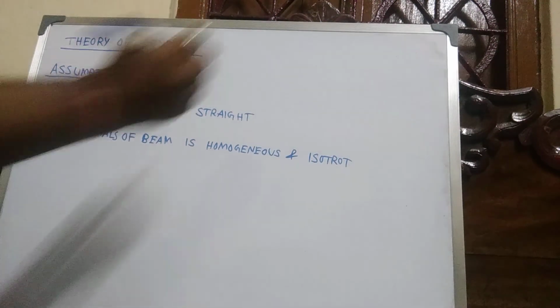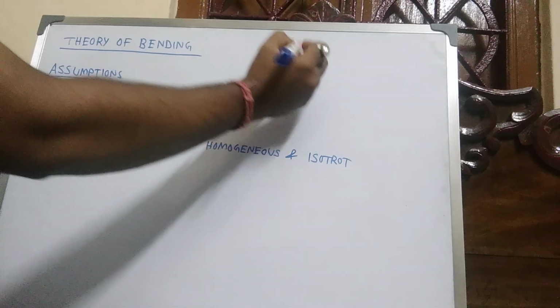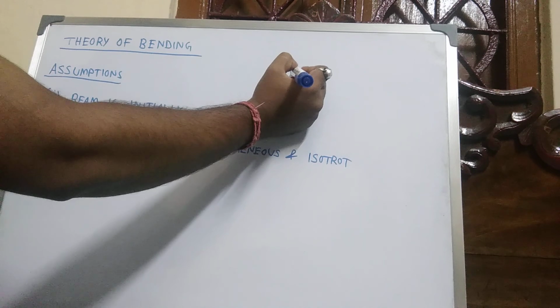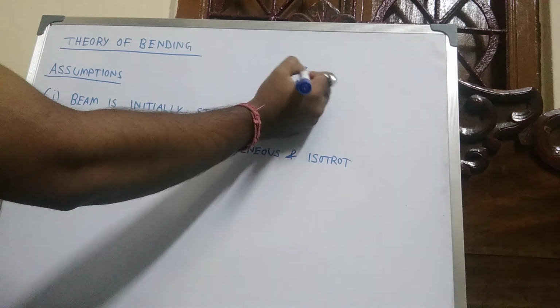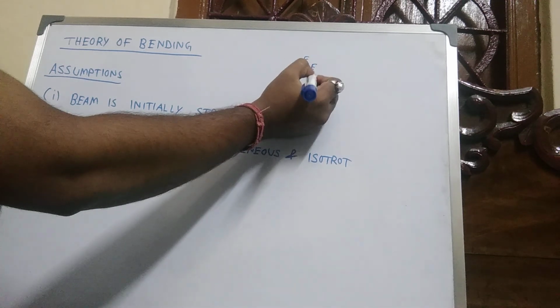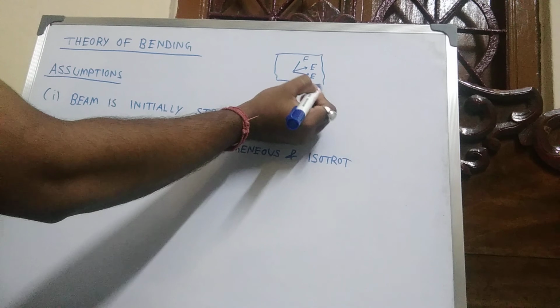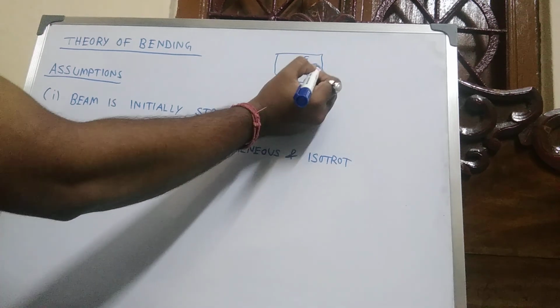Homogeneous means the elastic constants are the same at a particular point in all directions, E1, E2.